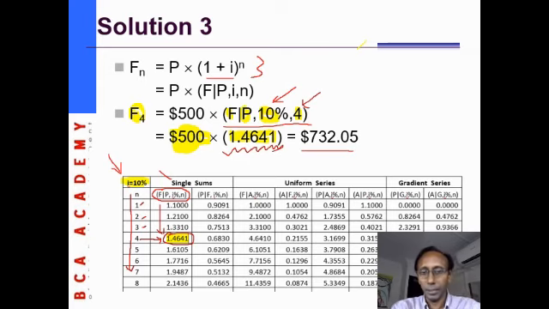That makes sense. So for the given value of 500, for the given period of 4 years at a 10% interest rate, we compute 732.05, which is the one we got earlier using the full equation for compound interest. I hope that is very clear to you. Let's proceed.